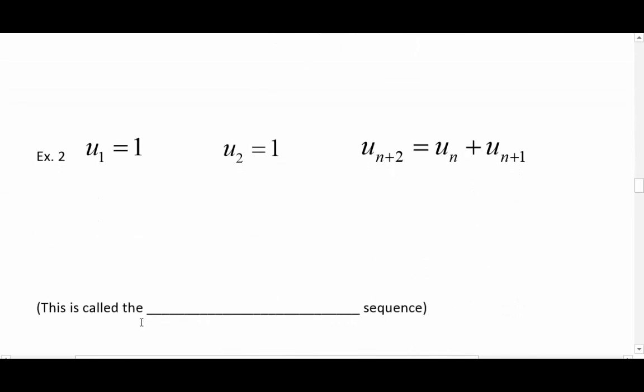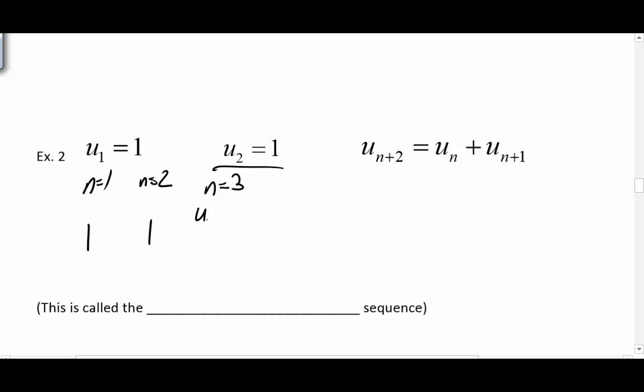Okay, take a look at that particular pattern. The first number is 1, so they're just telling us that. The second number is also 1. That's what u2 equals 1 means. And then they're saying u of n plus 2. Okay, so I want the third number in the pattern.